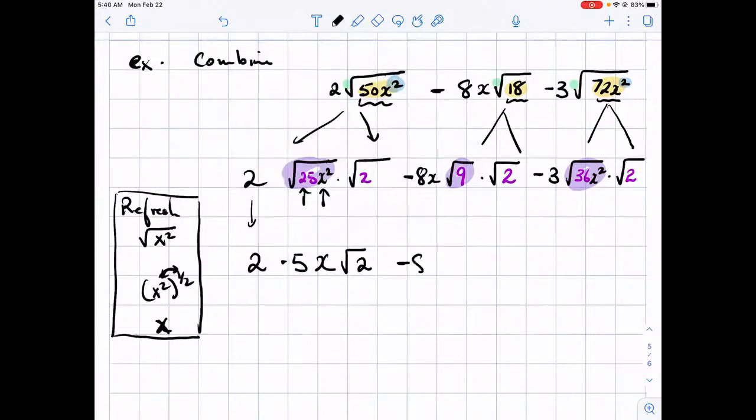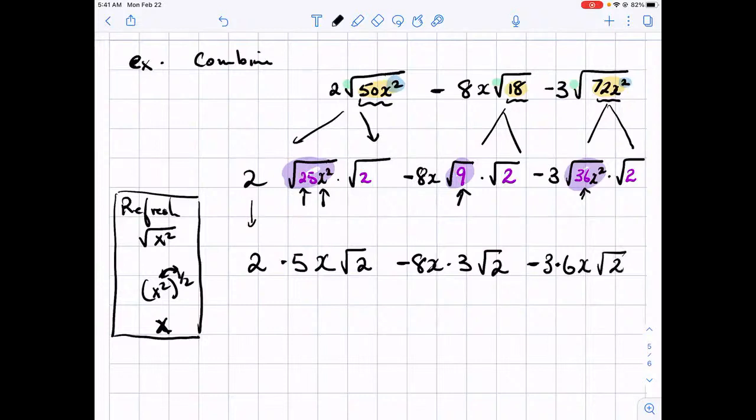So minus 8x, this here comes out to be 3, and then I have root 2 left. Minus 3, right? So this portion here comes out to be the square root of 36 is 6. And make sure you put a times there, because you don't want it to read as 36. So 3 times 6. And if you take out the square root of x squared, that's x.